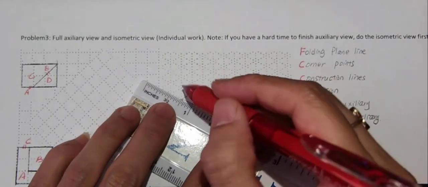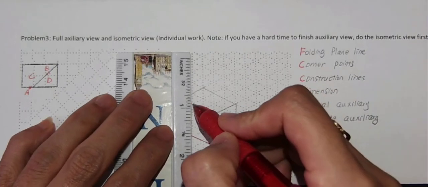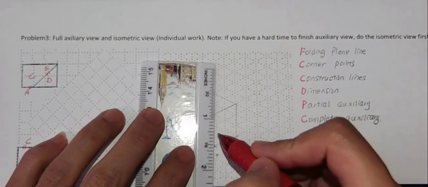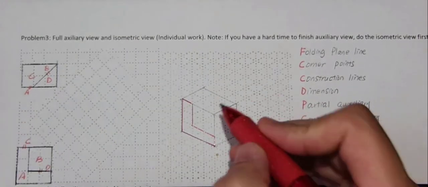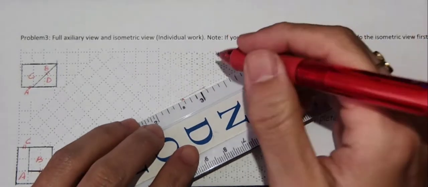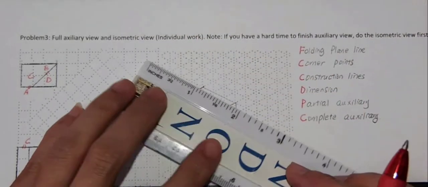Once we finish the surface A, we can take a look at the surface connecting to surface A, which is the surface C right on the top. Surface C is a normal surface parallel to the top of the glass box, so we can measure the width and the depth from the top view to draw the surface C in the isometric view.